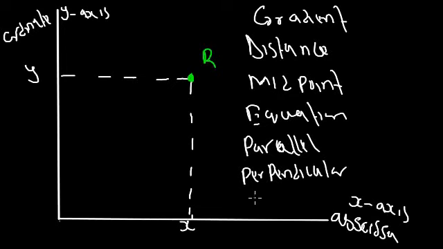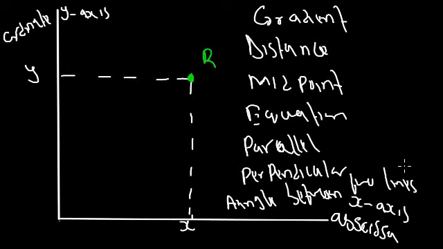And for the seventh, we have angle between two lines. There are some more terms that are associated with this topic, but these are the 7 most commonly discussed. So we are going to be looking into them one after the other.